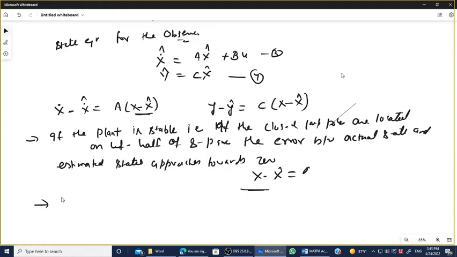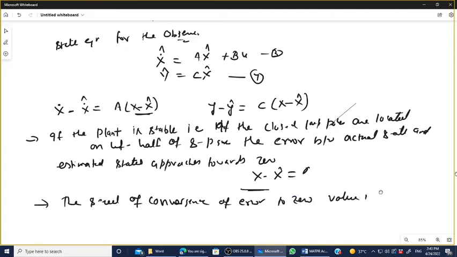I am writing here the speed of convergence of error to 0 value. My board is not working very well, I don't know why, and that's why I am delaying in the system.